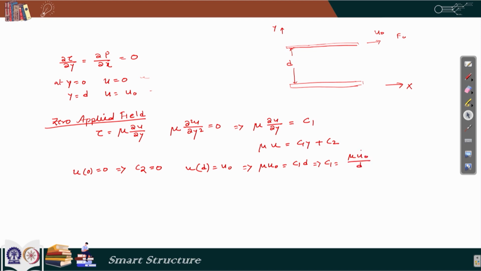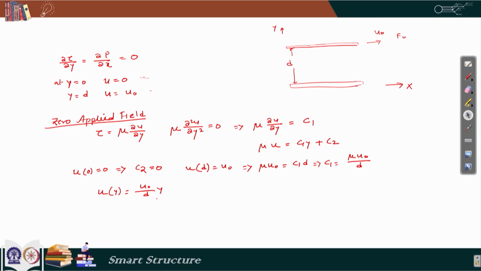So, if we put these two in this expression, we get the velocity profile as u as a function of y is equal to u0 by d into y.